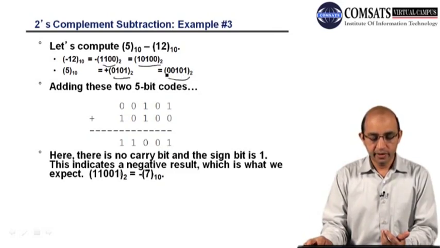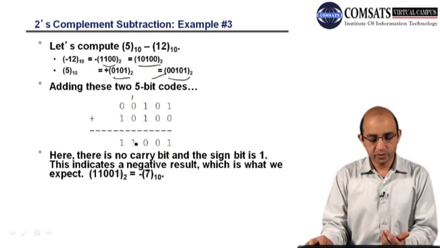We can see that this 0 is showing the positive sign, right? So we will place those numbers, right? So this is 5, and this is twos complement of 12. So we add those numbers, right? So 1, 0 and 0, 0. So 0, we will have a carry over here, right?